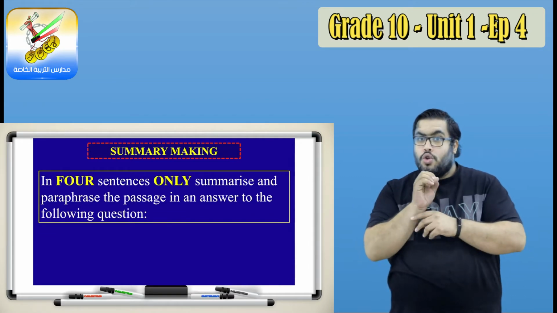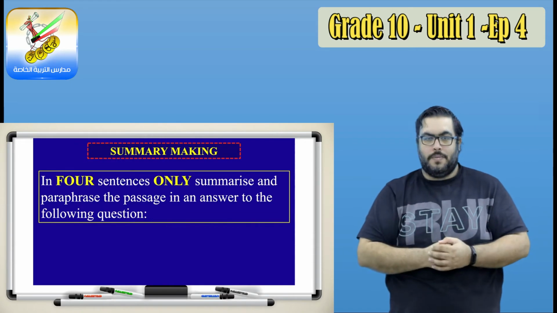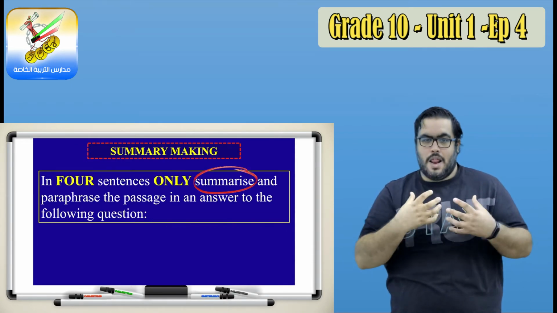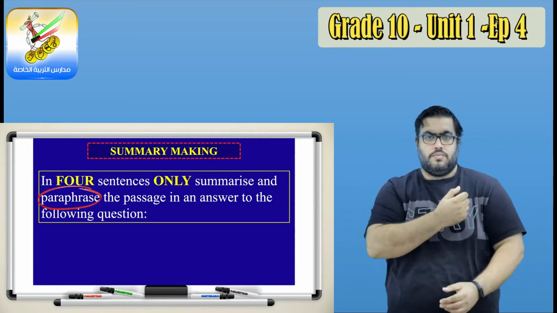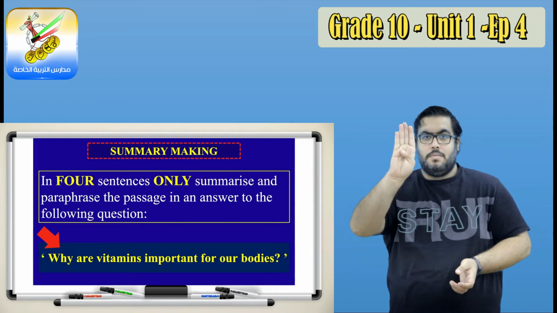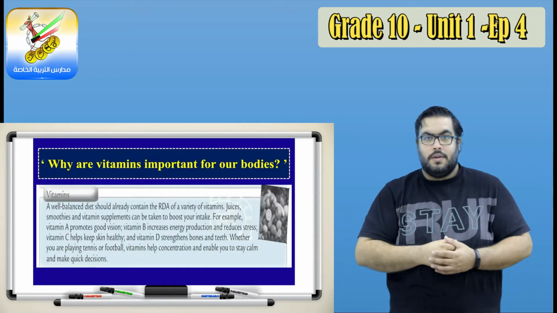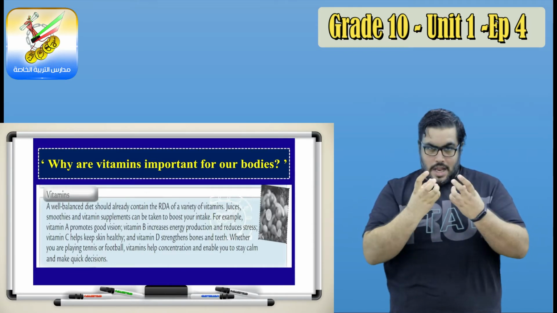In 4 sentences only, summarize and paraphrase. These are the key words here. Summarize and paraphrase the passage in answer to the following question. Why are vitamins important for our bodies? So we read the text, we read the question, now we can figure out where the answers are.